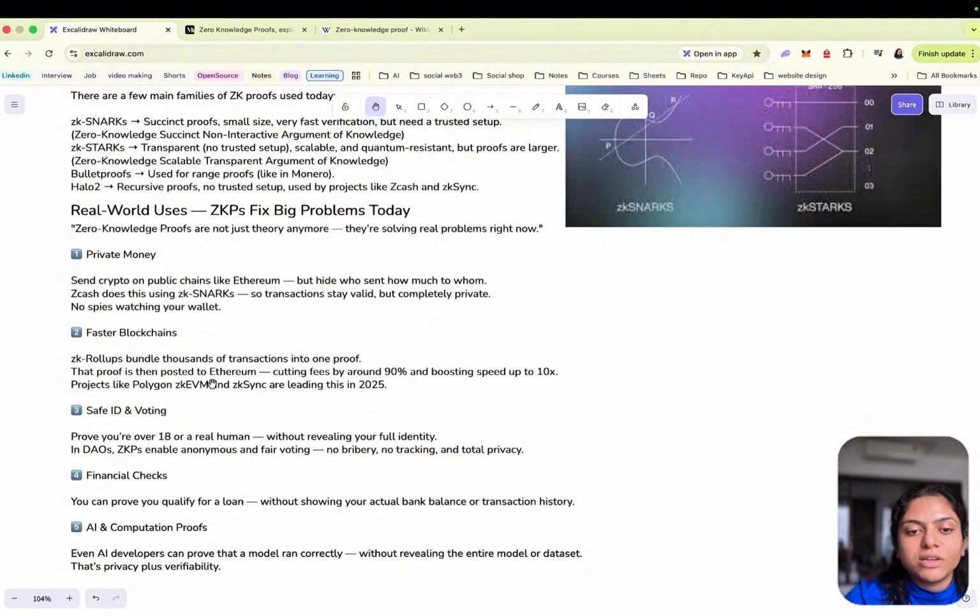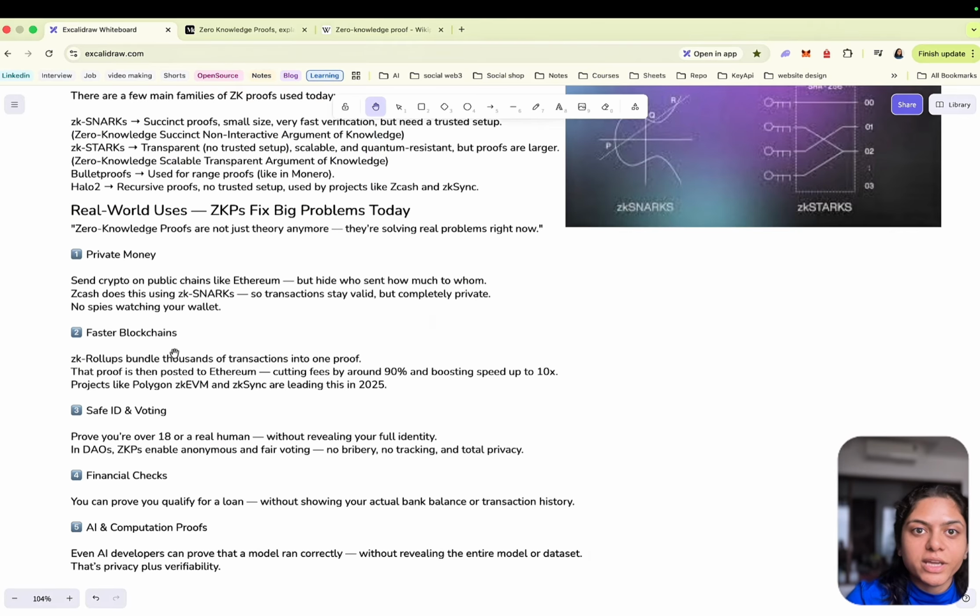The gas fees are cut by around 90%, and with the bundle of transactions they make a speed of 10x.